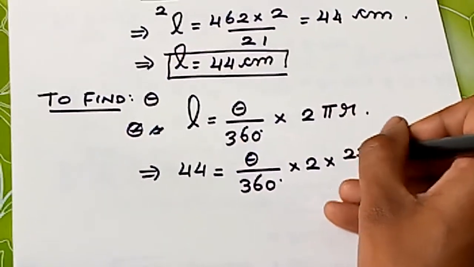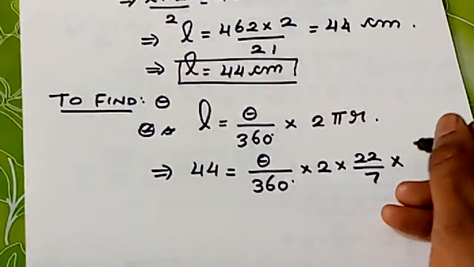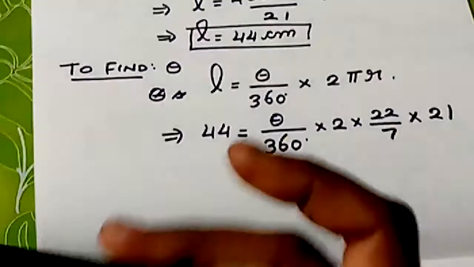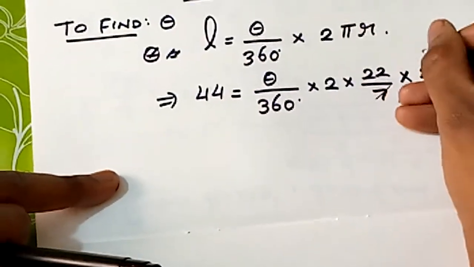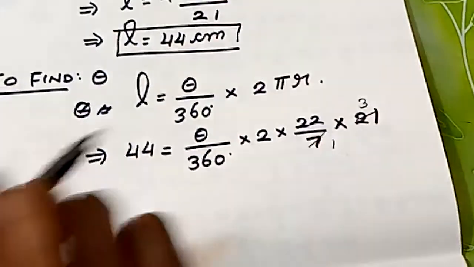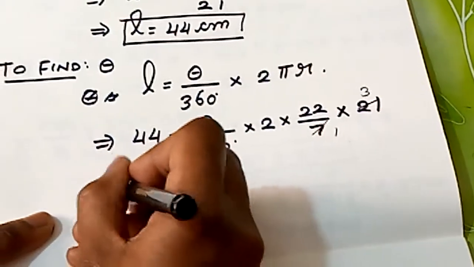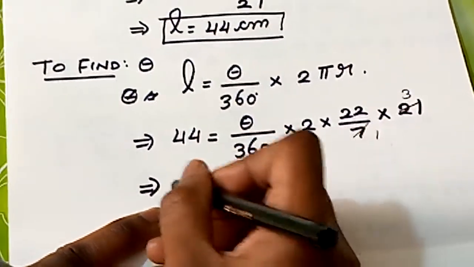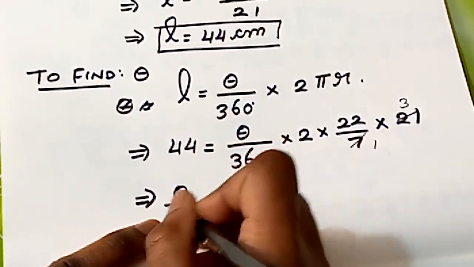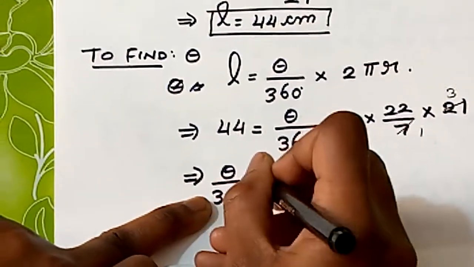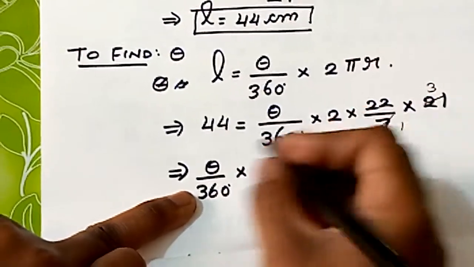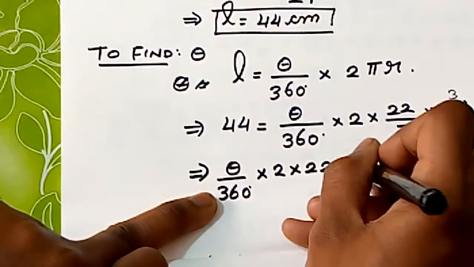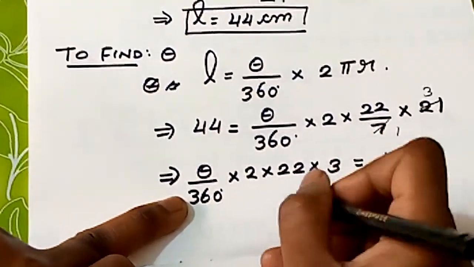I am going to use it as 22 by 7 into, what is the value for r? 21. Can I cancel the terms? That is 7 1s are 7, 7 3s are 21. Just you can do the calculation. I can write like this, theta by 360 degree into 22 into 3 equal to 44.